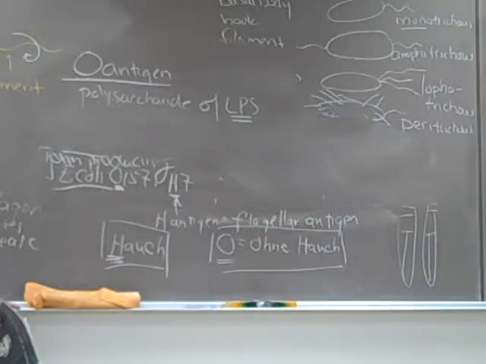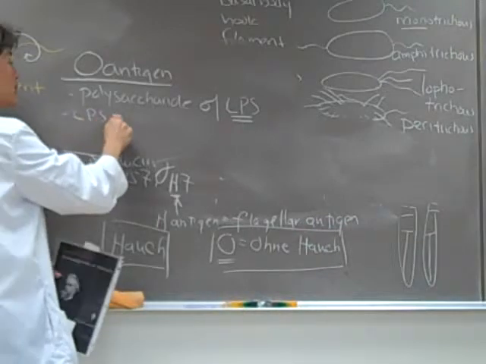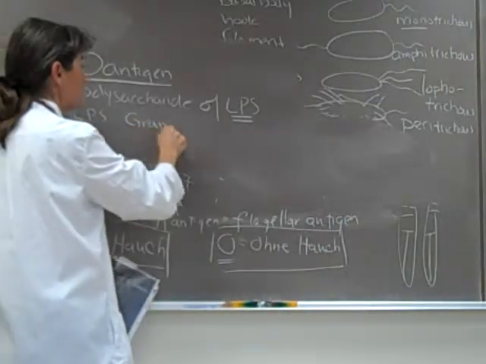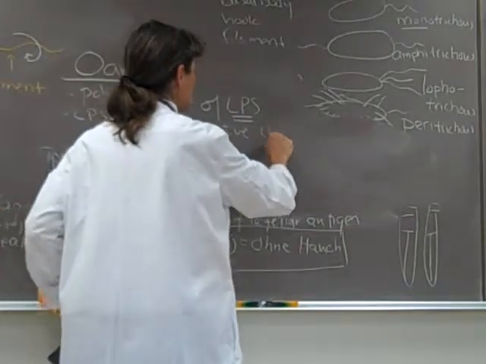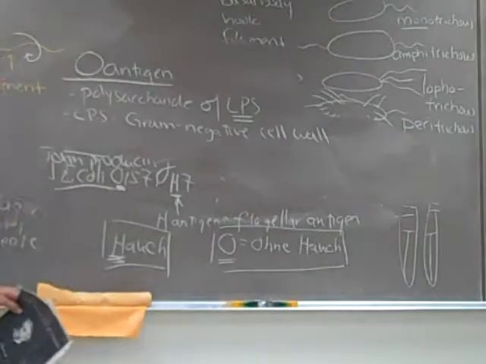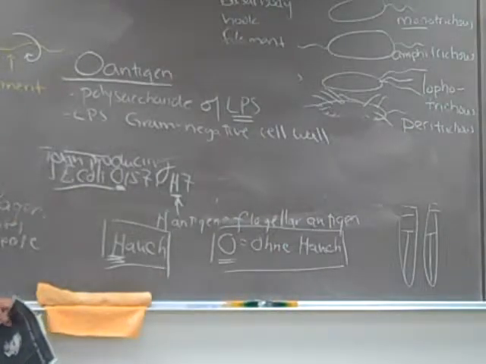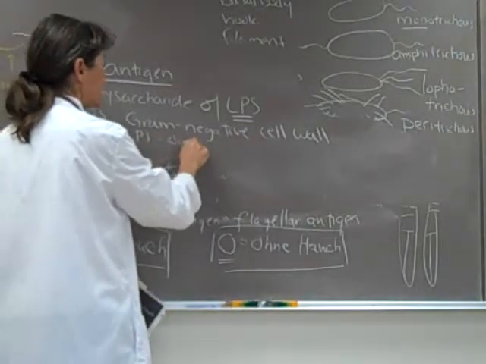Lipopolysaccharide. Good. Where do we find lipopolysaccharide? In which group of microbes? Good. Excellent, you guys. So LPS is found in the gram-negative bacterial cell wall. And which specific part of the gram-negative cell wall do we find the LPS in? Good, I heard it, you guys. The LPS is found in the outer membrane, right?